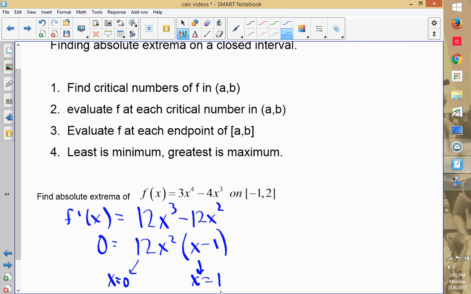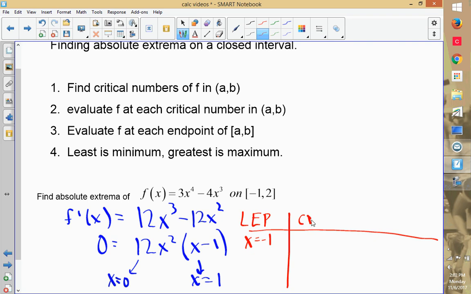I tend to make a chart. That's my go-to, which basically means that I have 4 options for a high point and 4 options for a low point. Reading my chart left to right, the left endpoint of my interval, which is at x equals -1, is my first potential place for an absolute extrema.